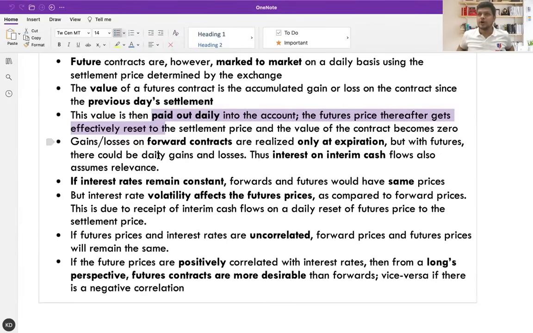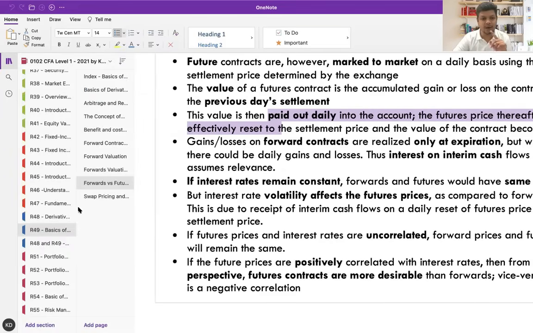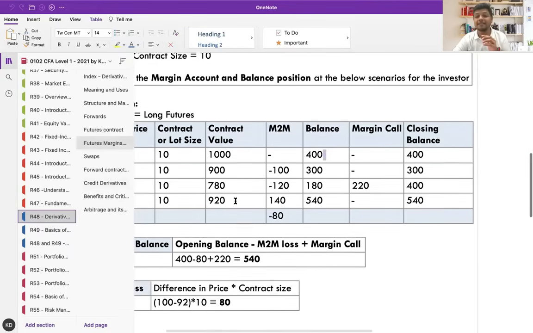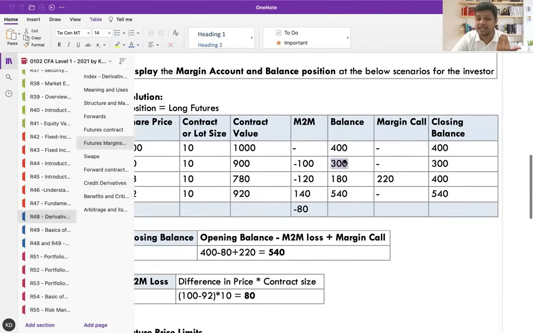In forward, the valuation at the initiation is only zero, but in future, the value after settlement, which happens every day, becomes zero. Why? Because in the futures, after the payment of gains and losses, nothing is left till that day. Every day the account is settled.